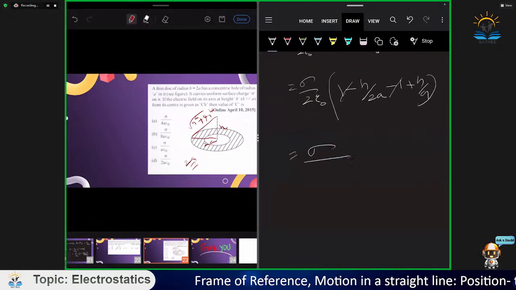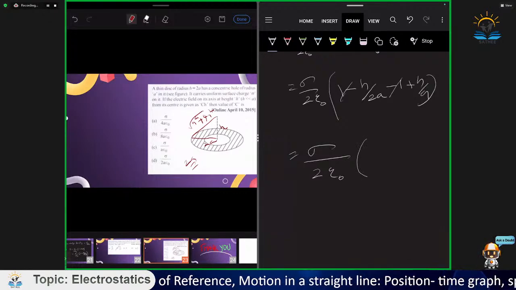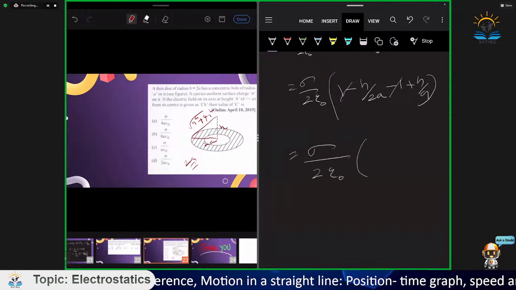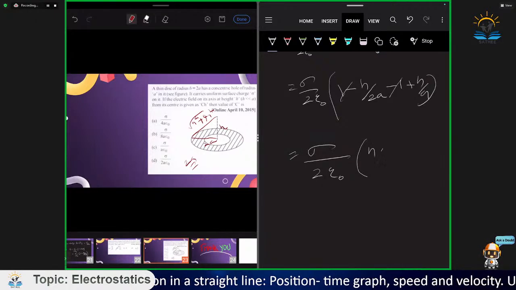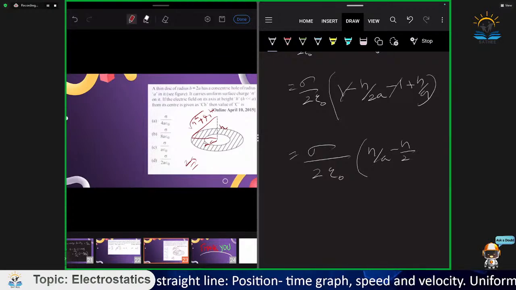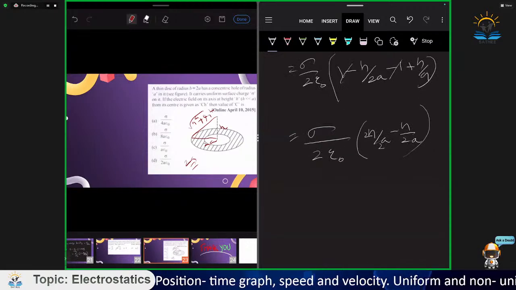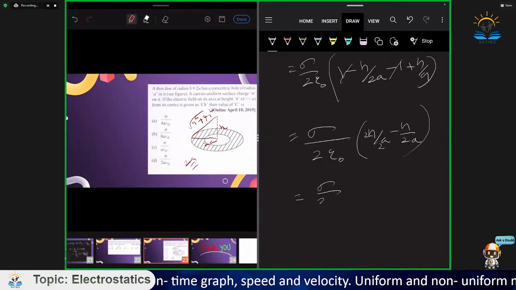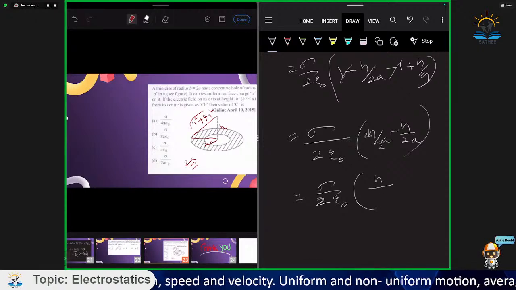So sigma by 2 epsilon (h by a minus h by 2a), which is sigma by 2 epsilon times h upon 2a.